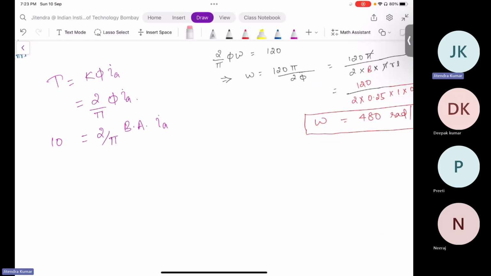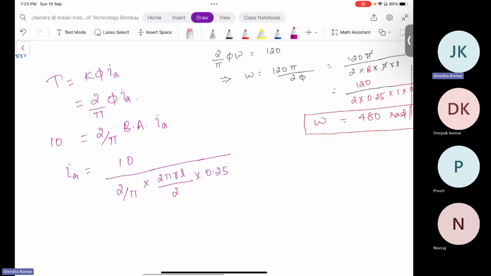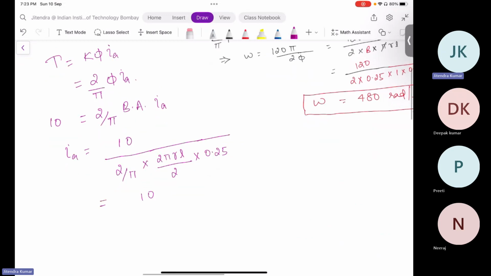We have already found out IA will come out to be 10 divided by 2 by pi into 2 pi RL by 2 into B, which was 0.25 Tesla. So it will be equal to 10 divided by pi.